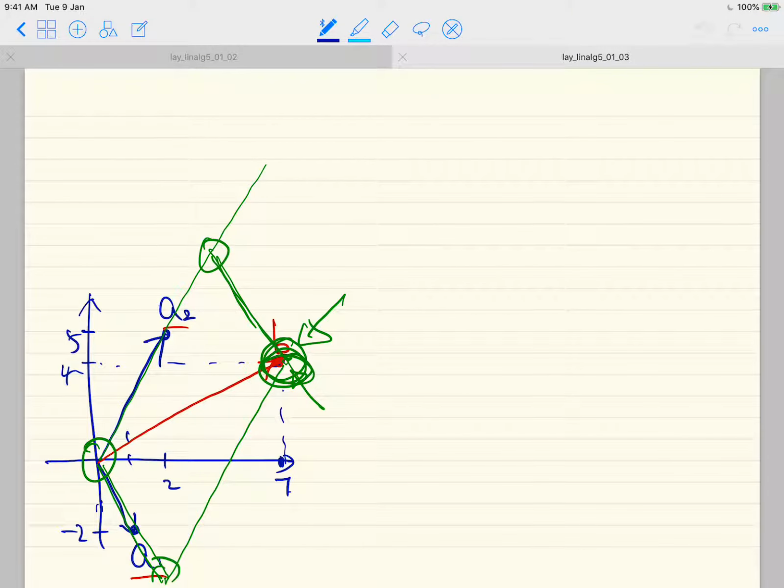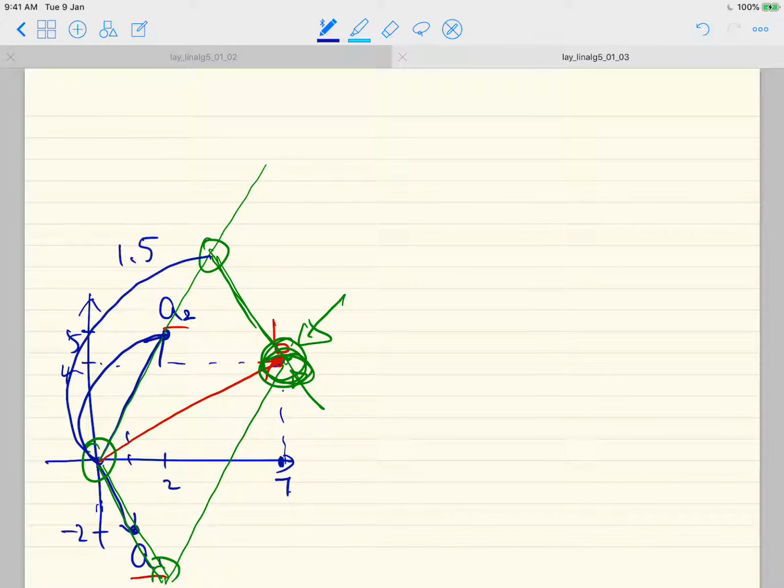So it seems, for example, like 1.5, because the length of it seems to have this kind of ratio, but I may have drawn it a little bit wrongly.